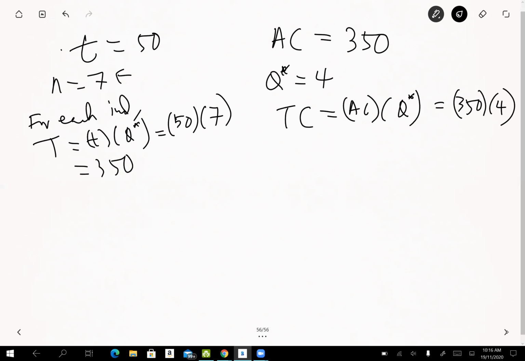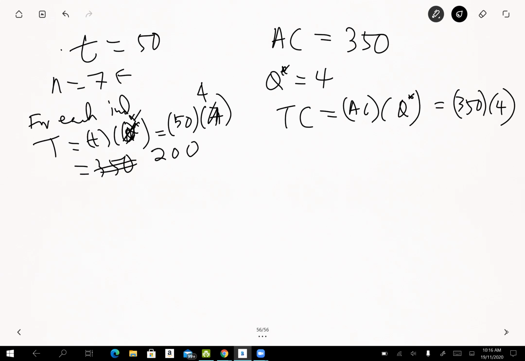No, this one is not Q star. Q star is not 7. 7 is n. What is Q star? Q star is 4. So that is equal to 200. So everyone pays 200, because the tax is 50 and the number of public good is 4.